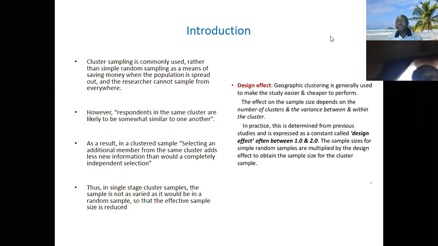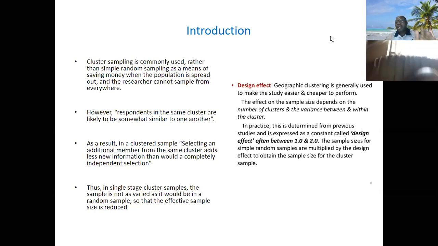the origin of cluster sampling is in industry. It was a method of sampling in industry where, after production, the products are packaged in a certain amount. Maybe a particular product is packaged 40, 40, 40 in one pack.